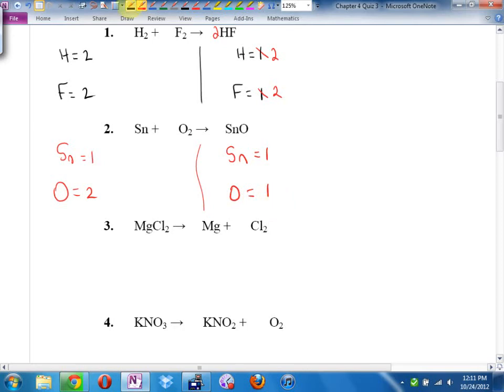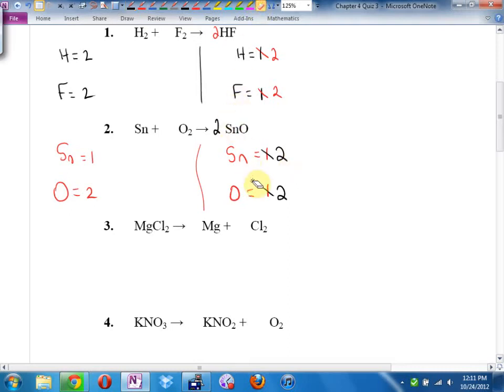I guess my first guess here, Justine, would be I have 2 O's on the left, 1 on the right. I might say put a 2 there. That gives me 2 of those. And oh, but can you see, Justine, that that also gives me 2 of those? See it? Yeah? Are we balanced? Why not?